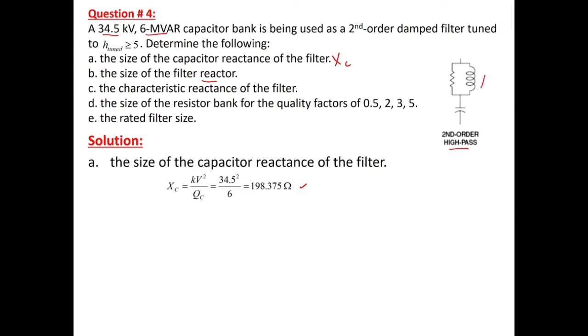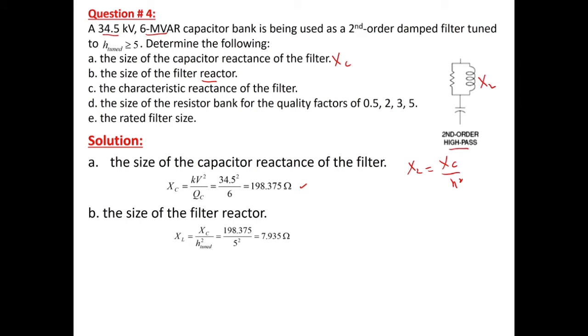So we need to find XL. We know the harmonic order is 5. We know XC. Then XL can be calculated as XC divided by H square, and that will give us 7.9. So we are done with that.